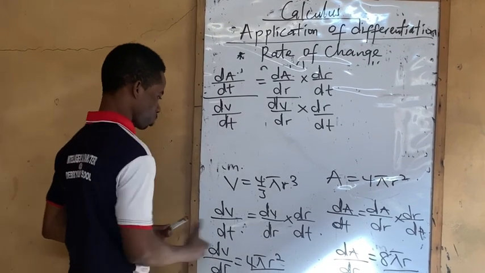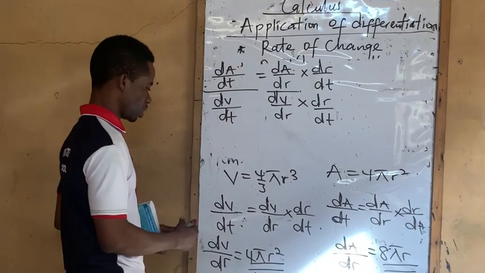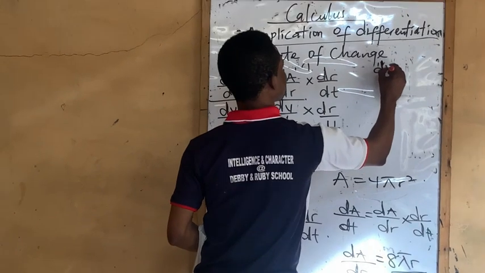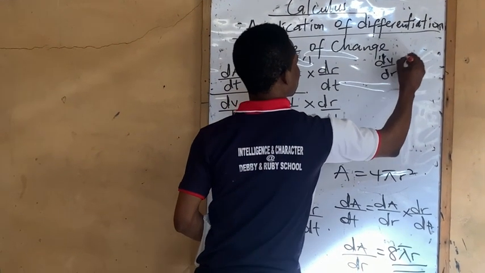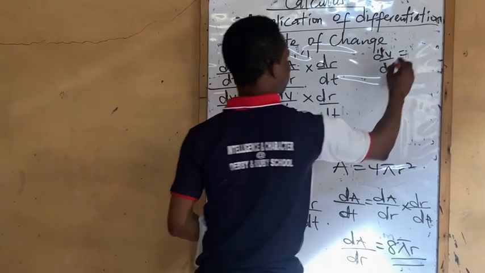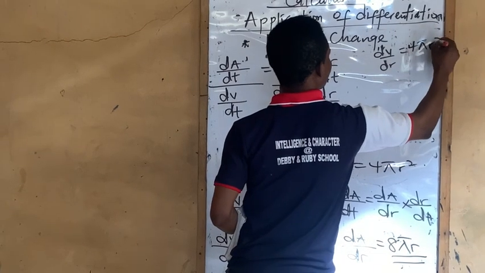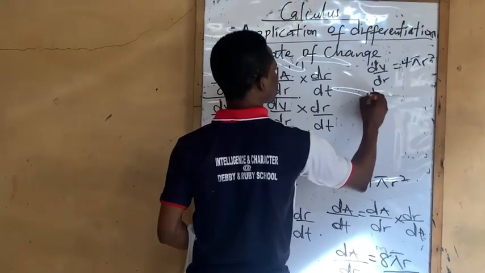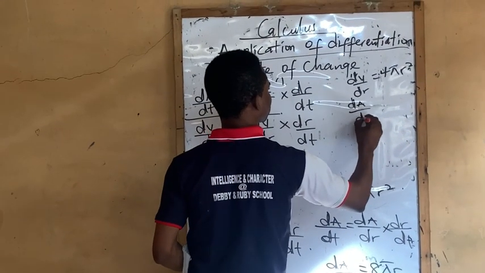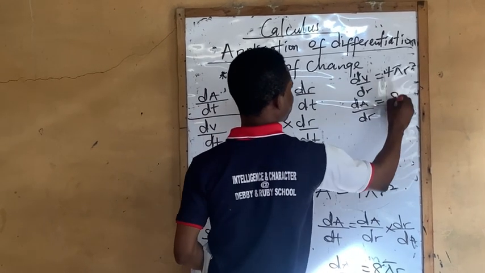Let me write this one somewhere. For dV/dr, I have 4 pi r squared, and for dA/dr, I have 8 pi r.